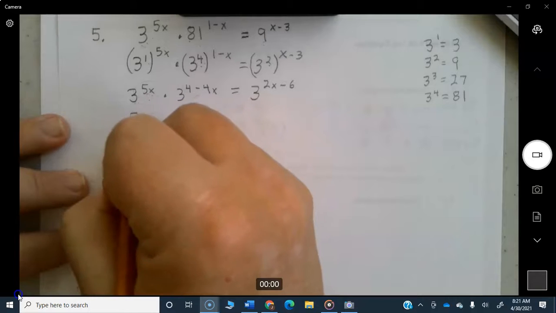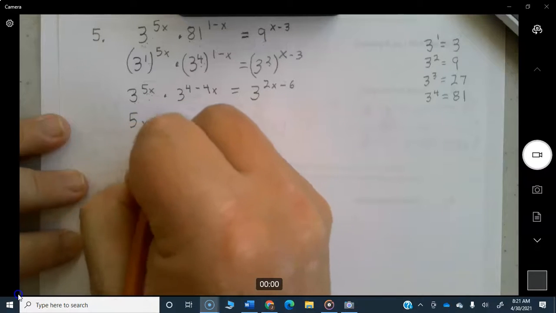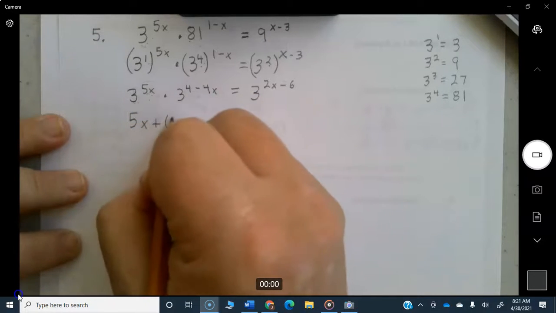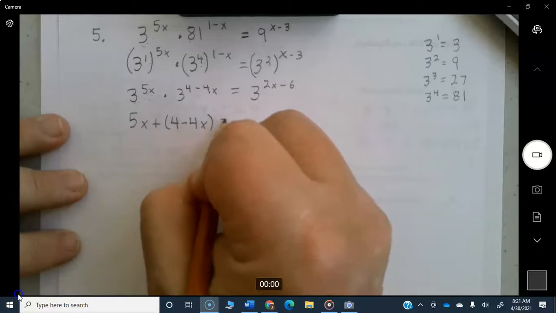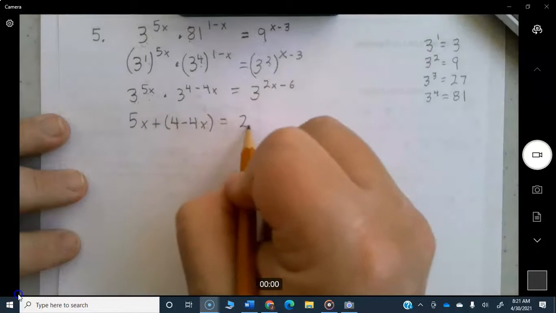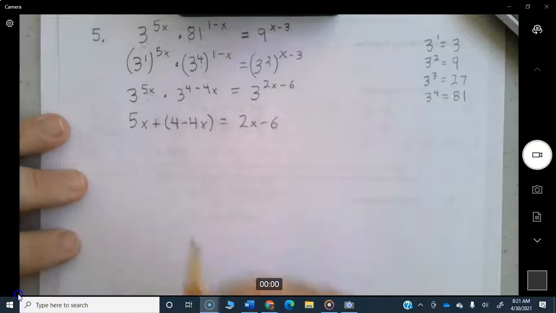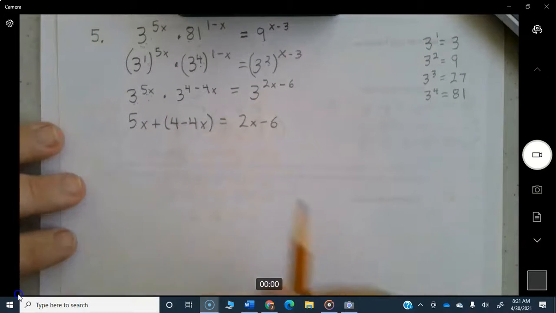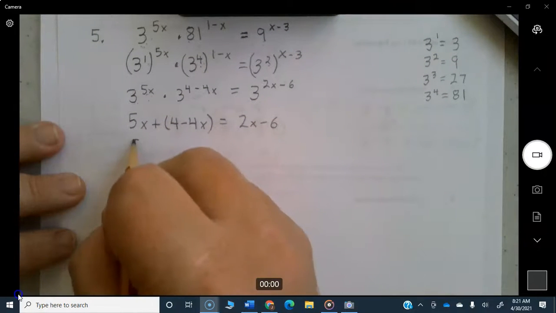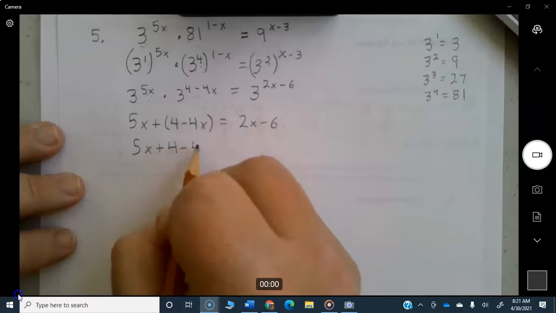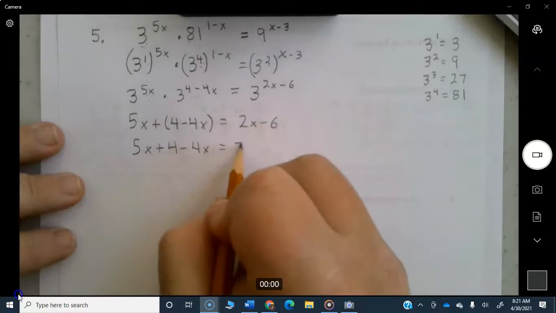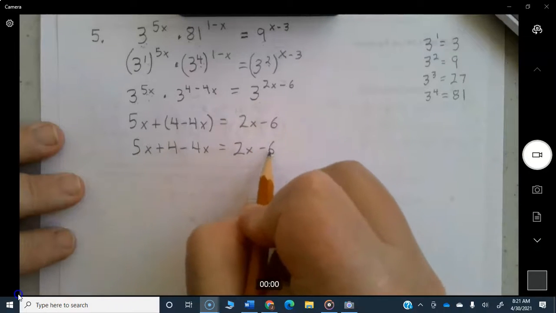So it's going to be 5x plus 4 minus 4x equals 2x minus 6. And these parentheses aren't necessary, so we're just going to write 5x plus 4 minus 4x equals 2x minus 6.